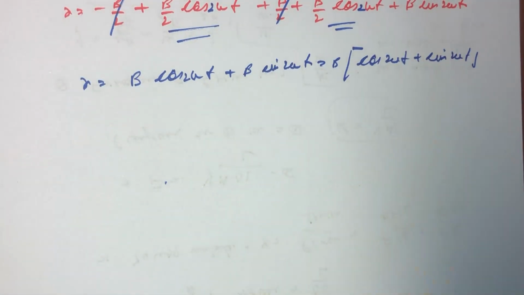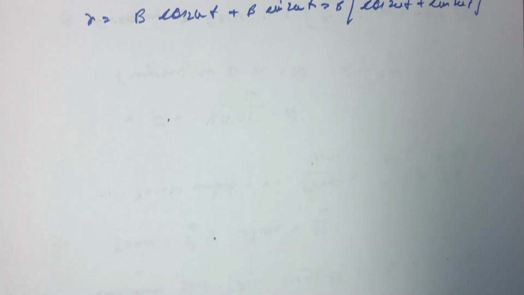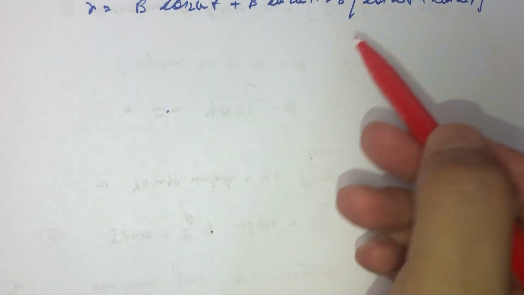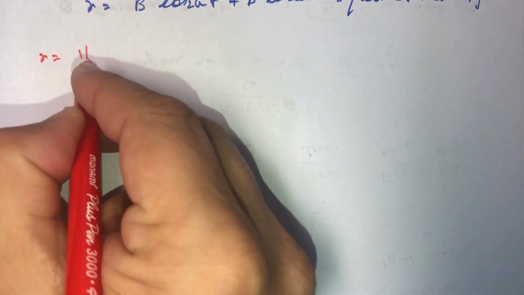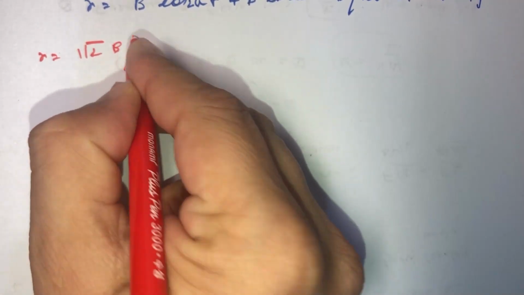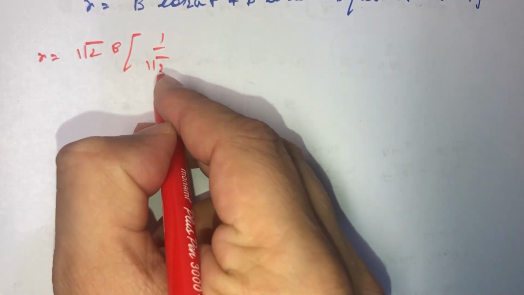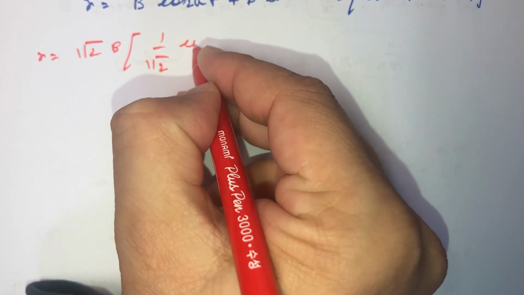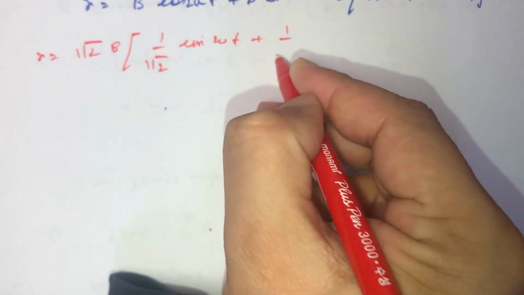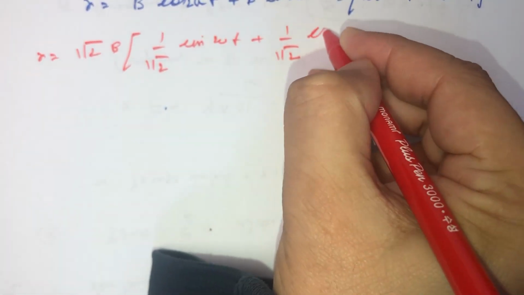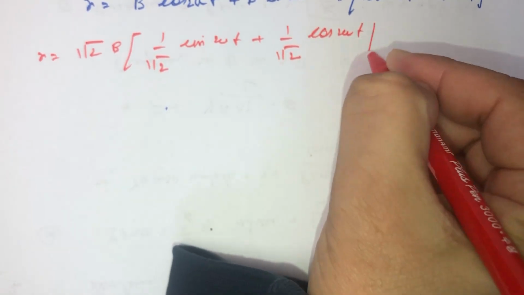Okay. Now we are going to divide and multiply by square root of 2. So we can write this as x equal to square root of 2 B, and 1 by square root of 2 sine of 2 omega t plus 1 upon square root of 2 cos of 2 omega t.